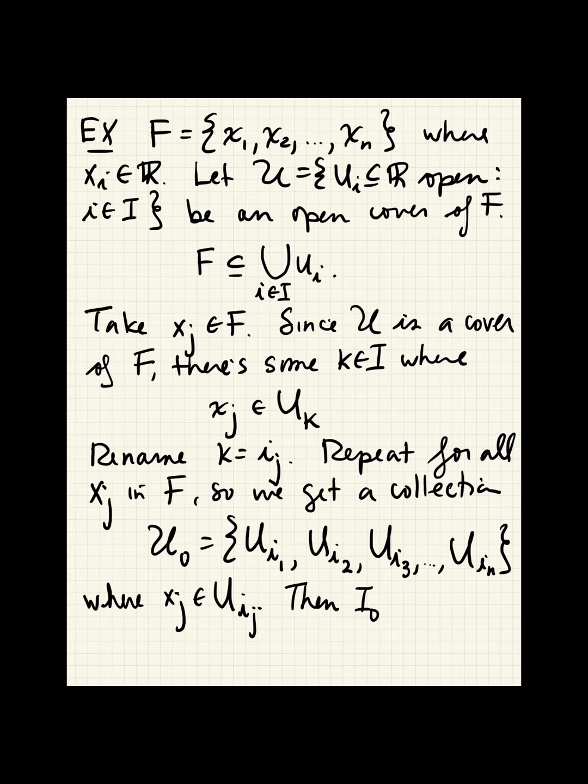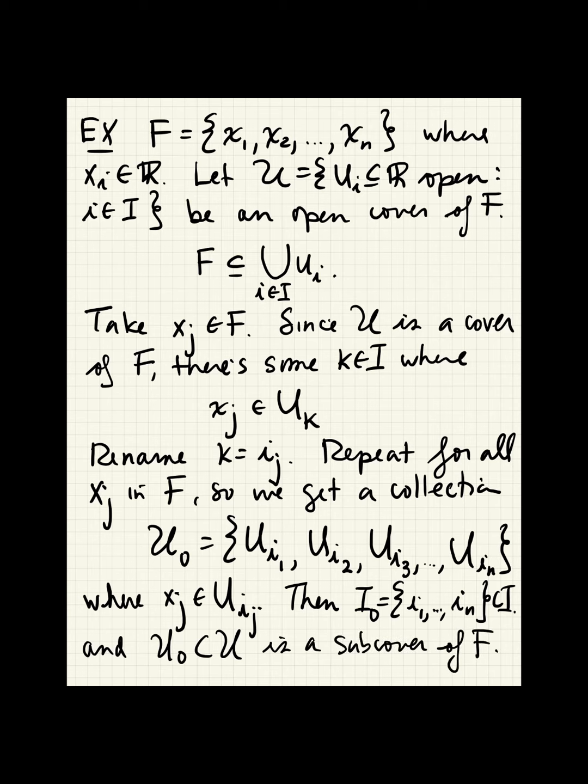Then, if we say I naught is the set of these indices, that's clearly a subset of I by construction. Right? And our U naught is a subset of U, is a subcover of F.